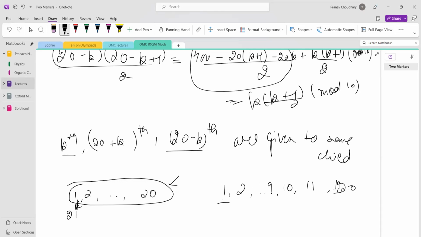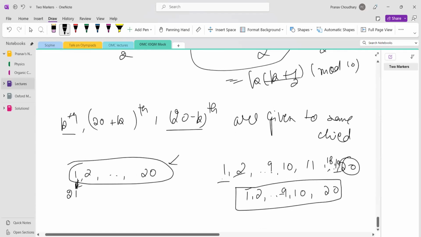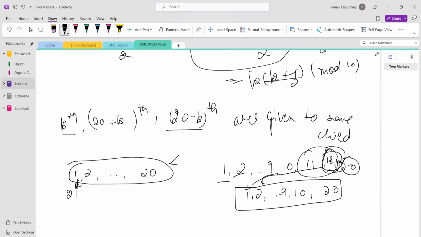So the first and 19th sweet will be given to the same child. Second and 18th sweet will be given to the same child. So I can just take 1, 2, 3, so until 10 and 20 also. So I can just take these sweets number, like which kids are receiving these sweets. And I know that the child receiving these numbered sweets will be the same as the child receiving these numbered sweets. So my answer still won't change.